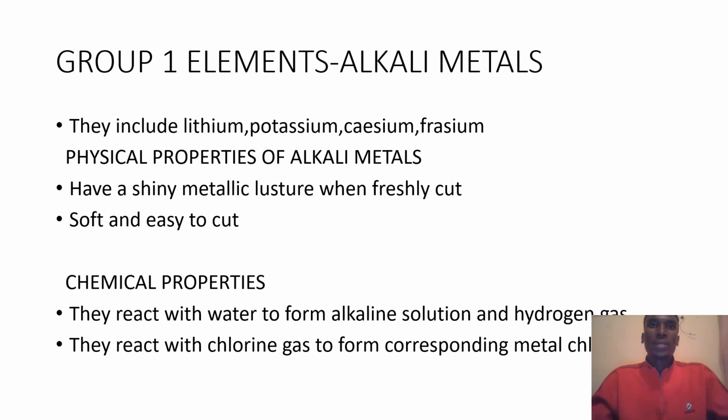The alkali metals have relatively low melting and boiling points. The melting and boiling points decrease down the group. This is due to the weakening of the forces holding the atoms together. The strength of the forces holding atoms together depends on the size of the atoms.